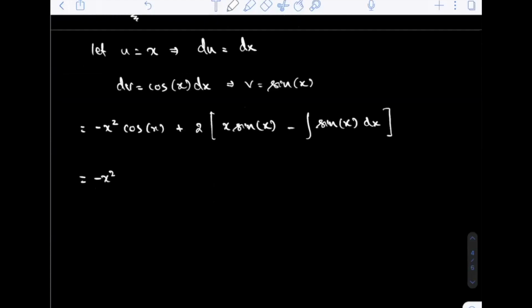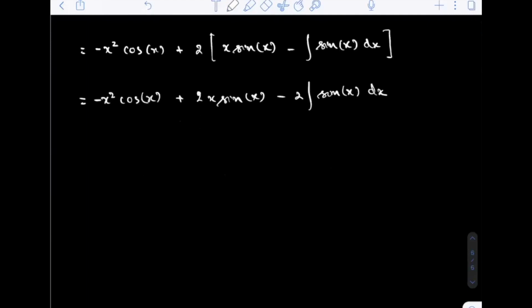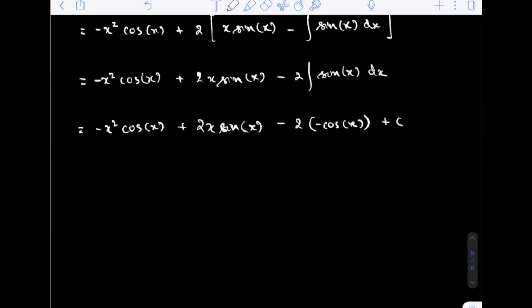So you have negative x squared times cosine of x plus 2 times x times sine of x minus 2 times the integral of sine of x dx. And the antiderivative of sine of x dx is negative cosine of x. Plus the constant c.